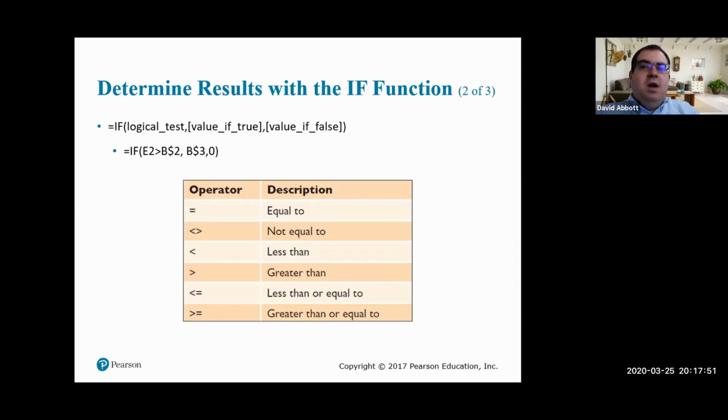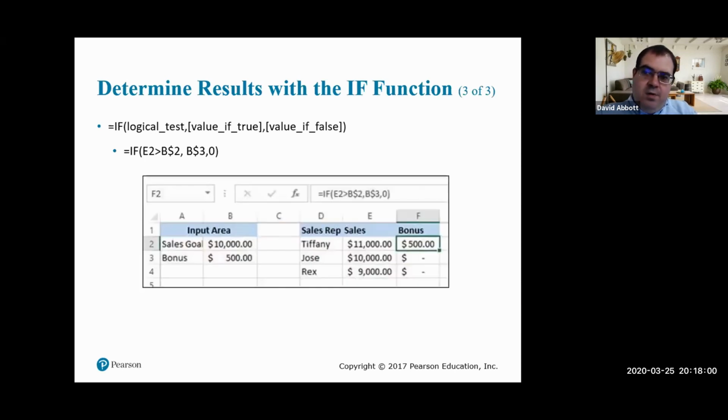And then the if function. What it will do is show certain things. If it's true, it's going to report a certain number. If it's false, it will report a certain number. We see here in the example that Tiffany had sales of $11,000.